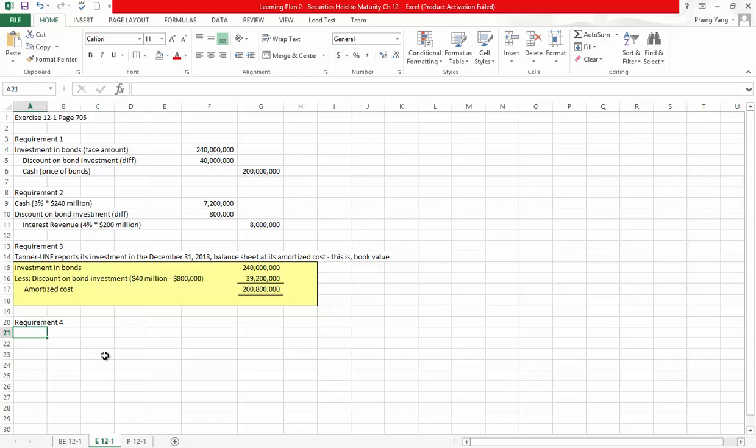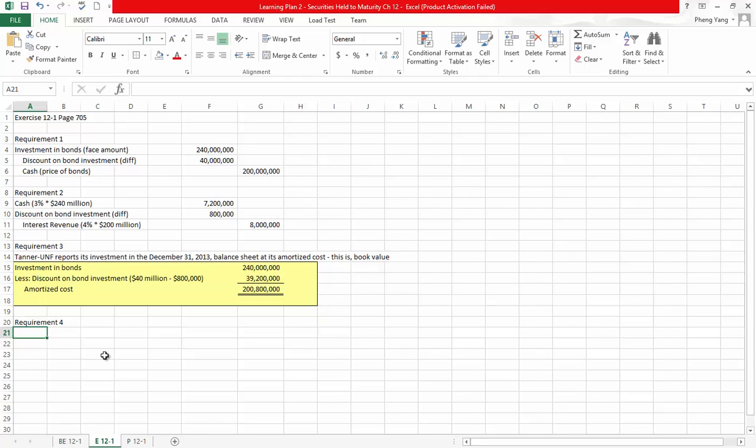Prepare the journal entry to record the sale. Okay, so in this case, they're saying that Tanner UNF is going to sell the bonds before it matures. How is this recorded?